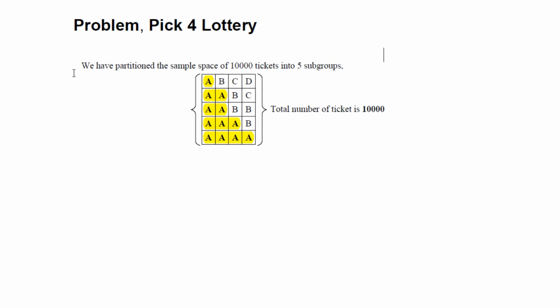From the previous question, we noticed that we have partitioned the sample space of 10,000 tickets into 5 subgroups: first, the tickets with 4 different digits; second, the tickets with 2 similar digits; third, the tickets with 2 sets of similar digits; fourth, the tickets with 3 similar digits; and the last one, the tickets with 4 similar digits. The total number of these tickets is 10,000.